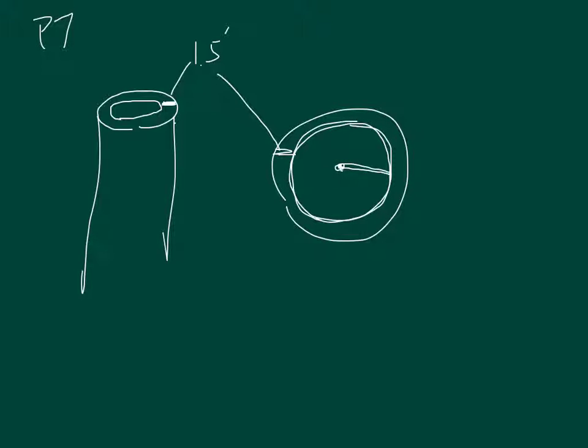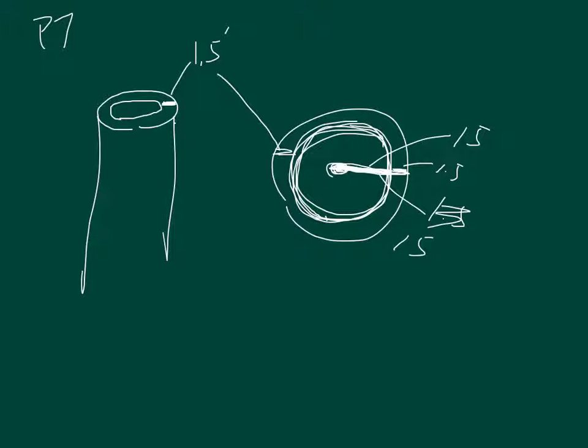We have to find the radius of the inside of the chimney so that we can find the surface area of the inside. The radius of the entire chimney is 15 feet, so minus 1.5, the radius of the interior of the chimney is 15 minus 1.5. If you use that number to find the surface area, you can start from there.